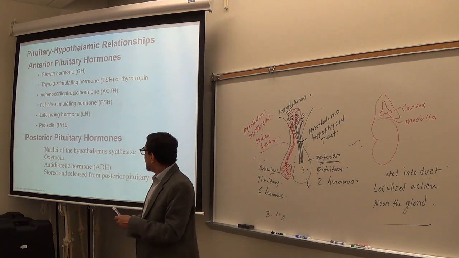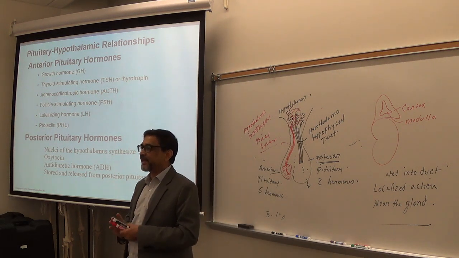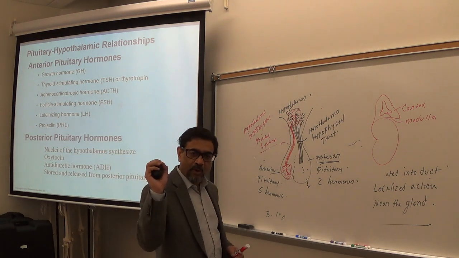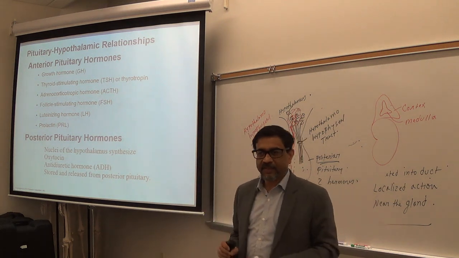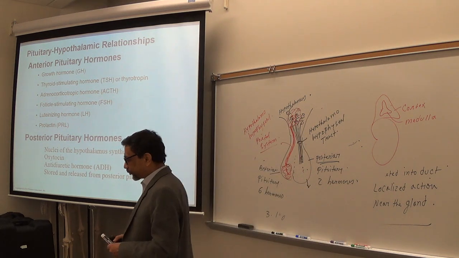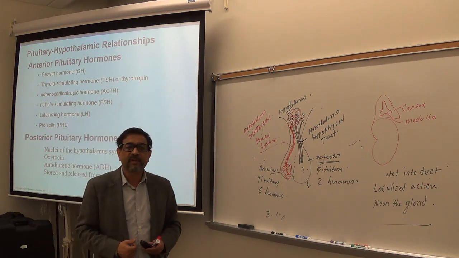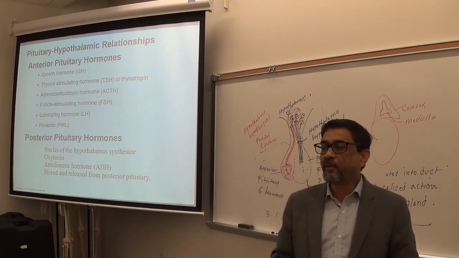Follicle stimulating hormone and luteinizing hormone, FSH and LH. Just know that these two hormones work on the gonads, testes and ovaries, okay? And help in the maturation of the sperm and ovum.